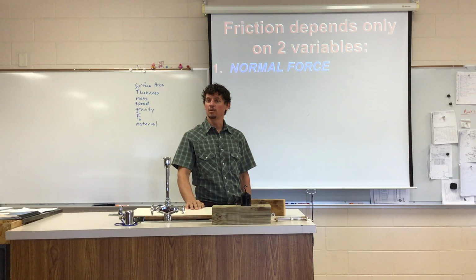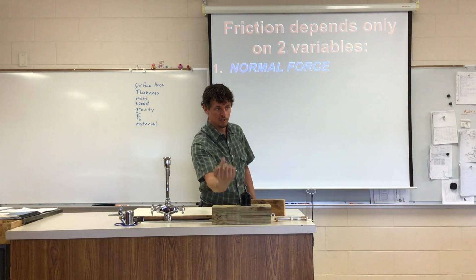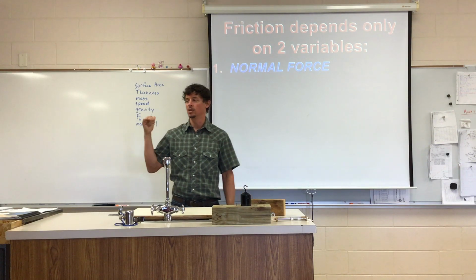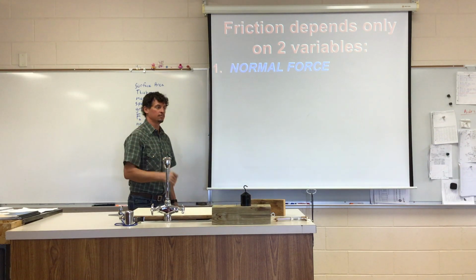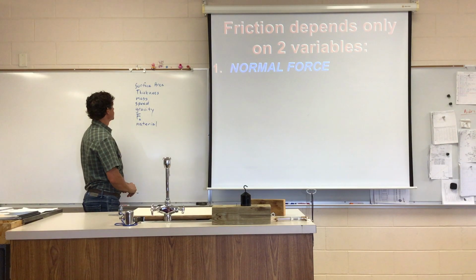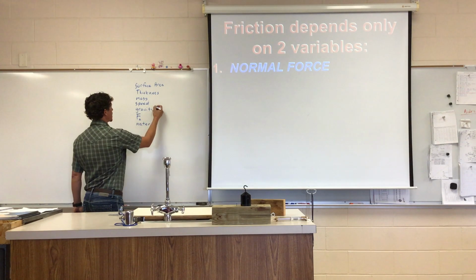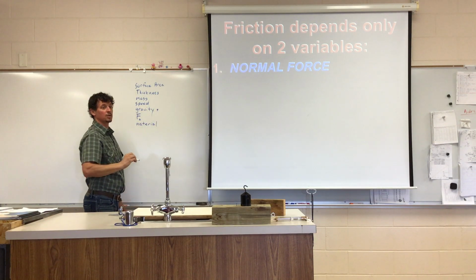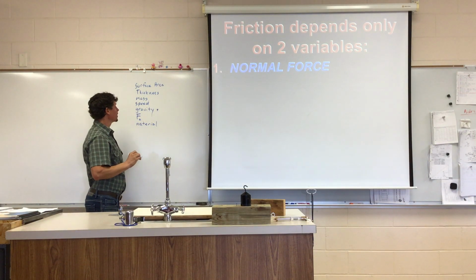Force normal, the desk pushing up on the block, is also affected by what things that we do have up here? Gravity. The value of little g is going to affect normal force. That's right. What else?